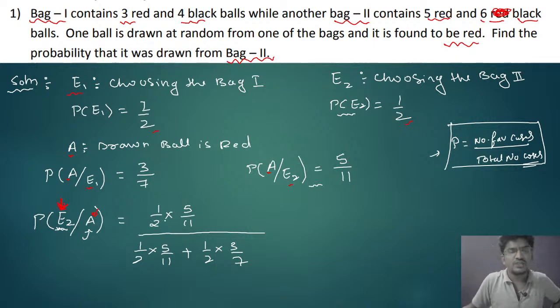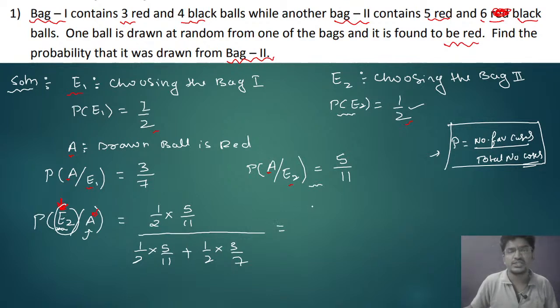For that, the favorable cases: probability of E2 is 1 by 2 and probability of it is red is 5 by 11, divided by total number of cases. There are two cases. One is 1 by 2 into 5 by 11 and the other case is 1 by 2 into 3 by 7.